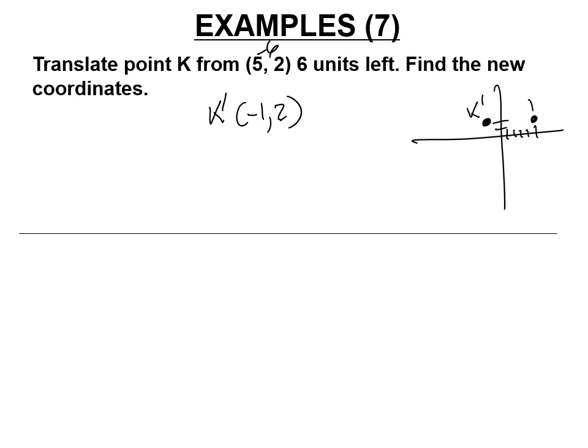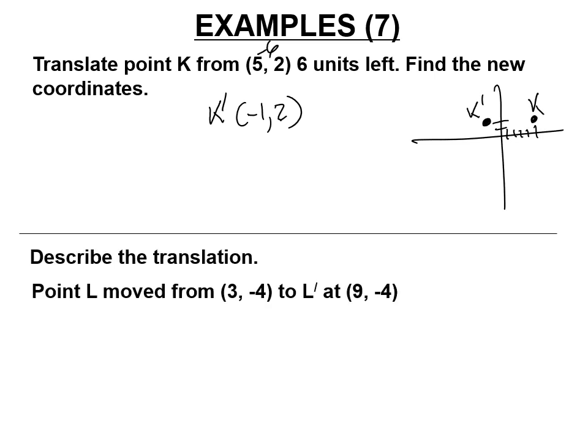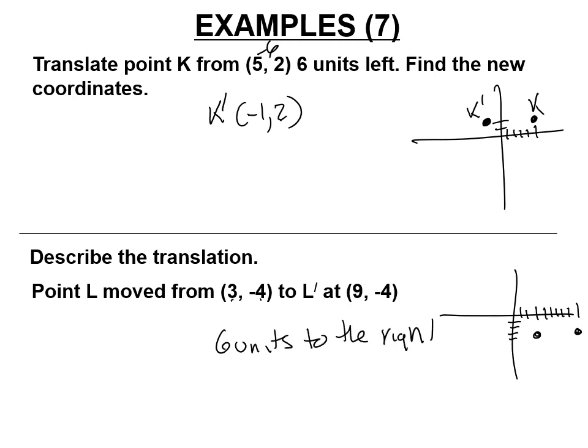There's K prime, there's K. So from 3, -4 to 9, -4, we did what? Well, we went 6 units to the right because 3 plus 6 is 9, and we stayed at -4.